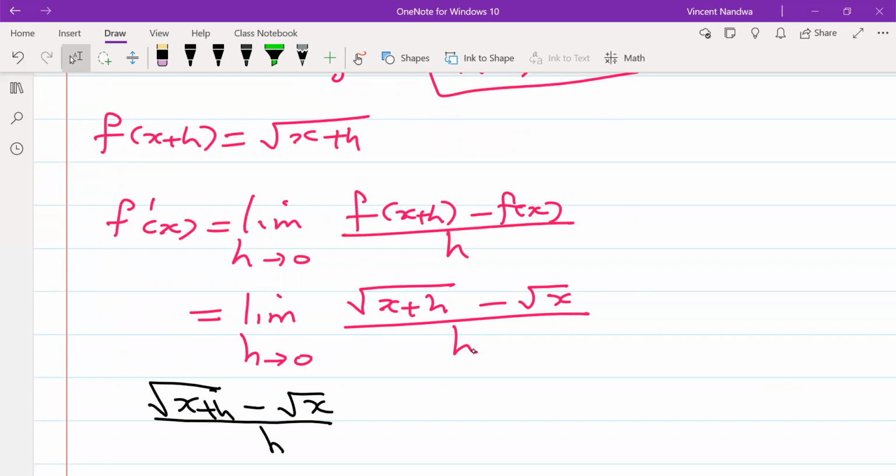Now remember, we can rationalize the numerator, we can also rationalize the denominator. So let's multiply each term in the numerator and denominator by the conjugate of this.